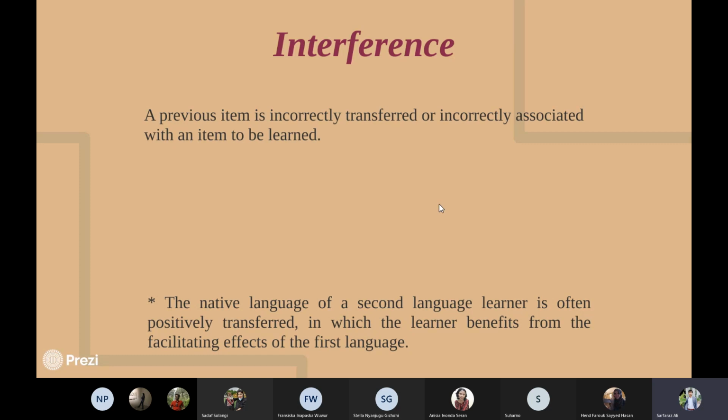Interference occurs when some of the knowledge you acquired from the speaker is transferred in an incorrect way, and it is associated with the item to be learned. The native language of the second language learner is often positively transferred, in which the learner benefits from the facilitating effect of the first language.